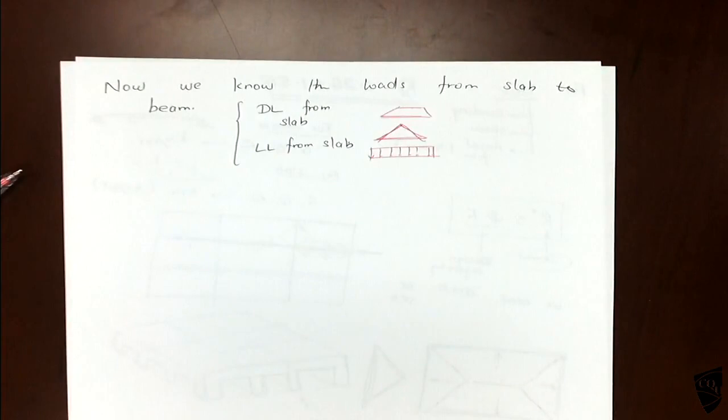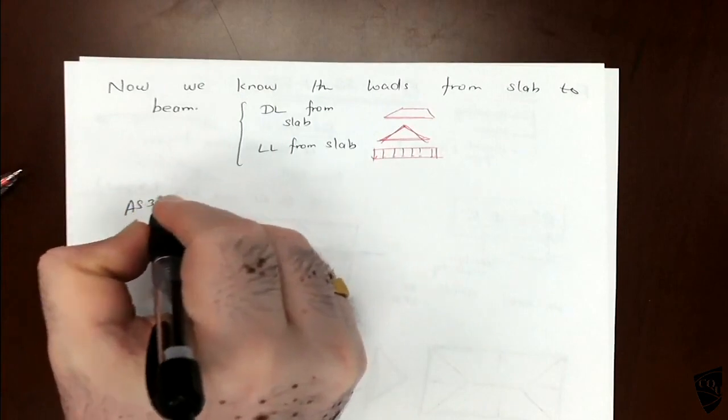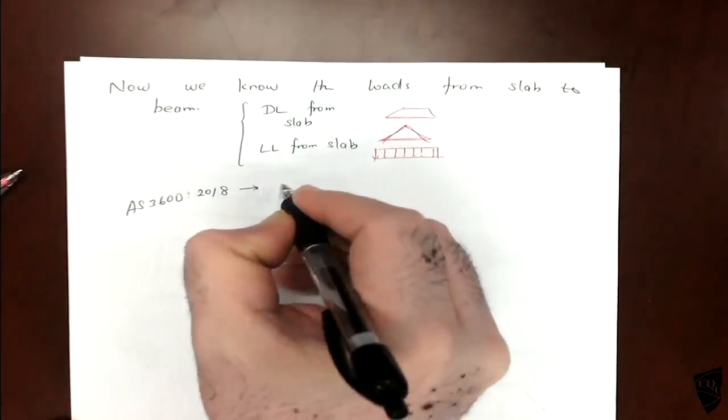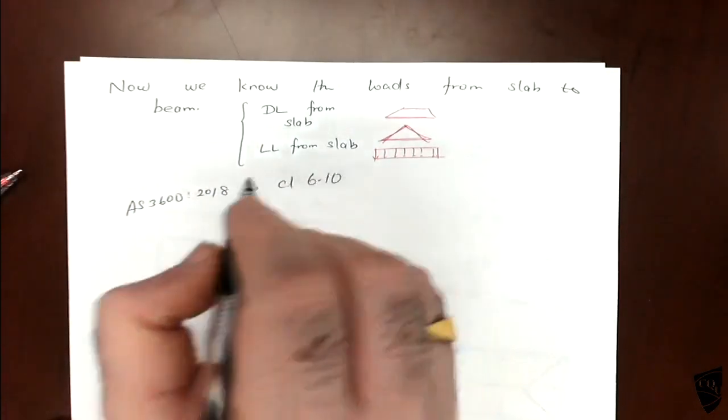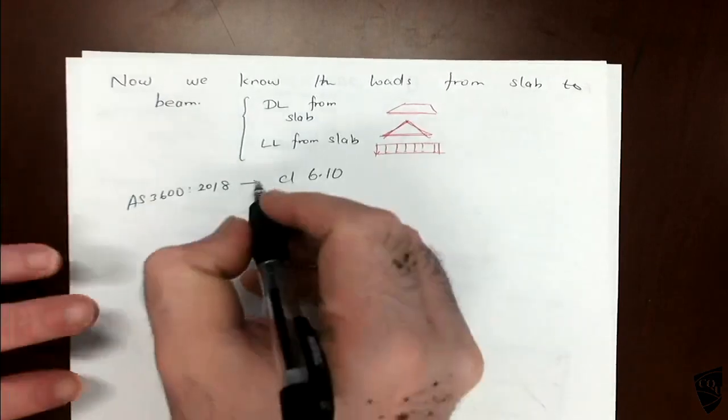And in AS3600 clause number 6.10 explains how to get the bending moment and shear force diagrams using simplified analysis.